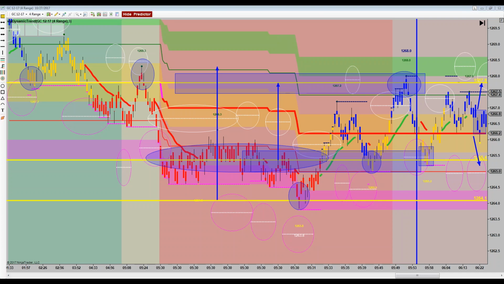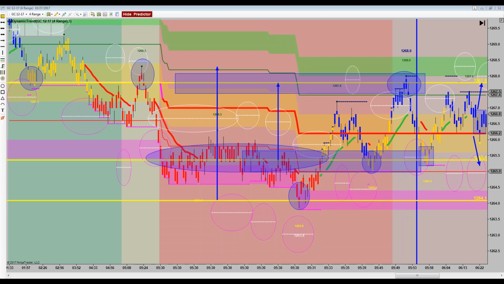Let's keep doing gold. Let's move on to later in the morning on gold, and we'll do the same exercise. We're going to start right now. For the purpose of this exercise, we're not going to look at what happened prior to what we're showing here.